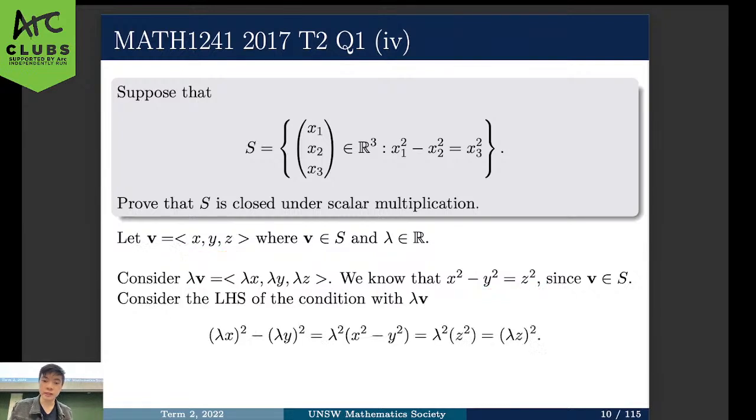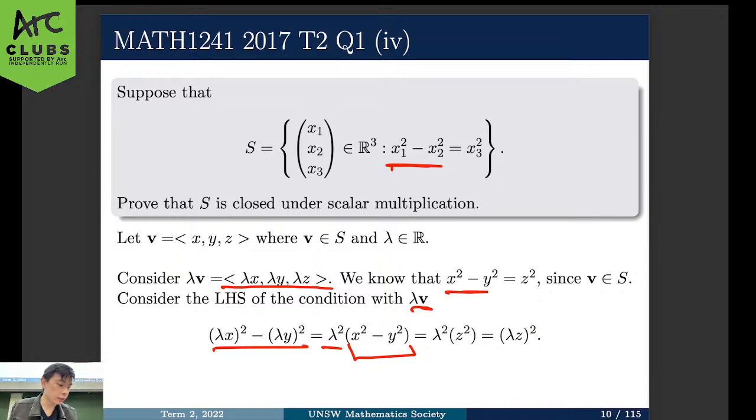And then what we do is we can consider the left-hand side of the equation if we were looking at this vector. So we look at this side if it was for this vector right here that we are trying to find out if it's in S or not. So basically you put into the left-hand side, so we have (λx)² − (λy)², and then we see that we can factorize out λ², and we get this, which is the left-hand side of this condition.